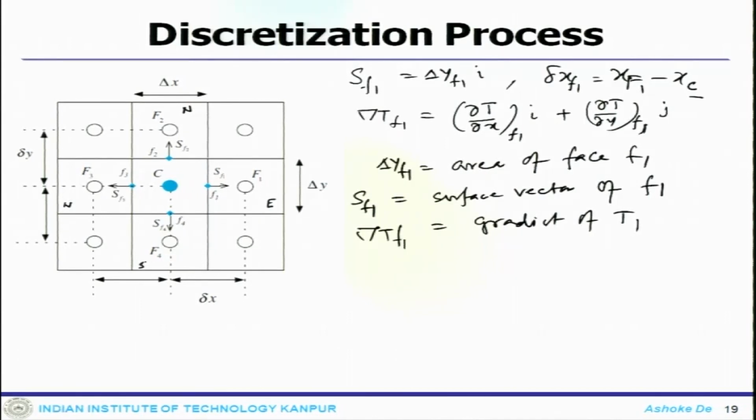For this particular case, we have defined this is f1, this one f2, this one f3, this one f4. The vector connecting C and E, connected with the surface f1, and sf1 is the normal vector. Similarly, f2, which is connected between f2 and C, sf2 is the normal vector. When you look at C and f3, the connecting normal vector is sf3, and they are all pointed outward.